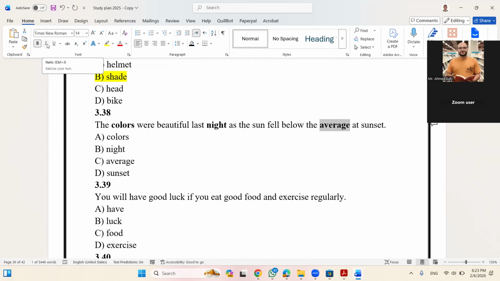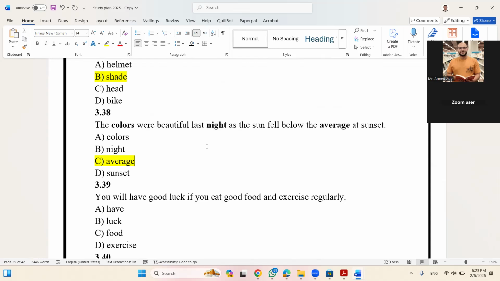Sometimes I say that something falls below the average. It makes sense in other contexts, but here the sun does not fall below the average. The sun falls below the horizon, not the average.